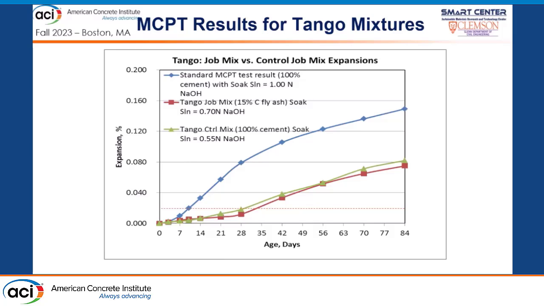And what we find is that the aggregate is clearly reactive if you run the standard MCPT. If we run the Tango mix design with the 15% C ash and the straight cement, clearly the C ash was not effective, and you can see that at 56 days they're above the threshold, so they fail.